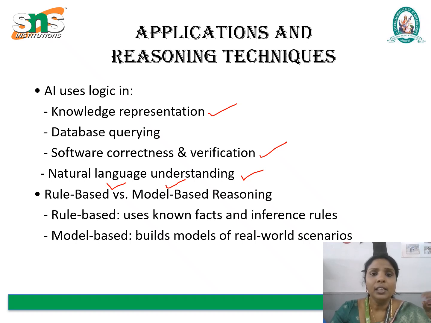For example, if one fact says all humans are mortal and another says Socrates is a human, the system can logically conclude that Socrates is mortal. Model-based reasoning, instead of using just rules, builds a model of a real-world situation and then uses logic to understand and predict outcomes based on the model. Both methods help AI systems think logically, solve problems, and make decisions effectively.